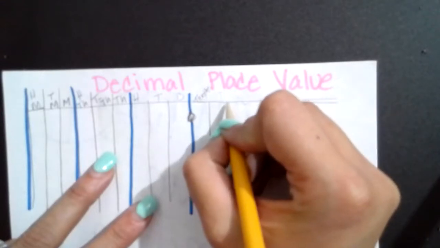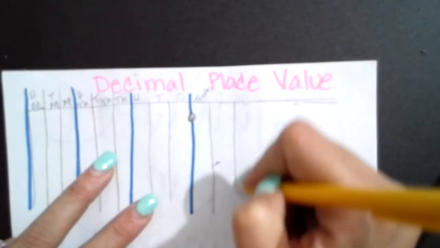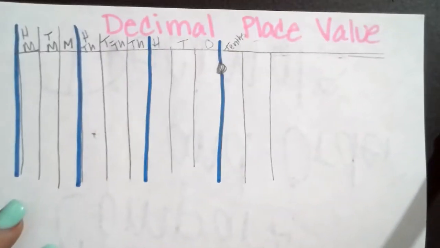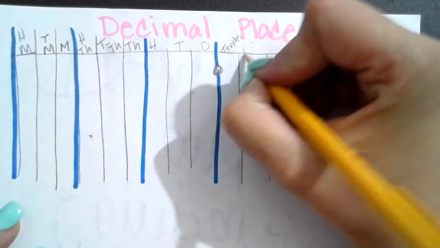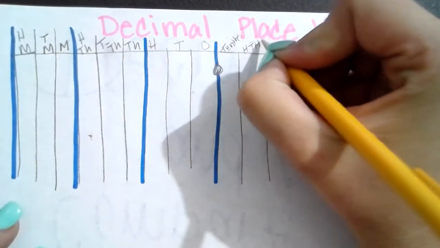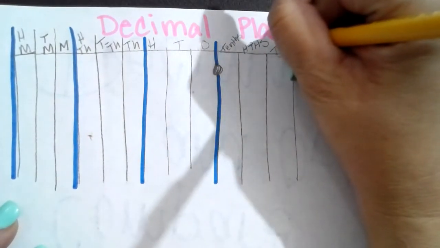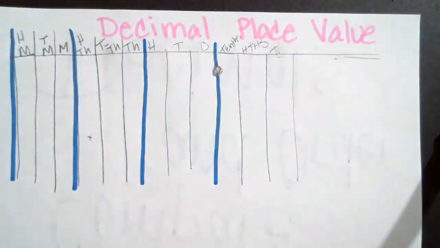Where can I write that? I'll write it in just a second. So these are my decimal numbers. Oh, you can't even see that. Let me clear it up. So tenths, and then hundredths with the THS, and thousandths with the THS.